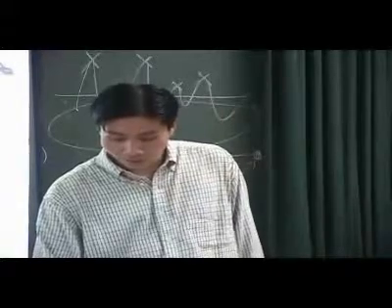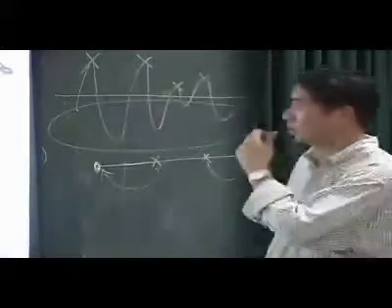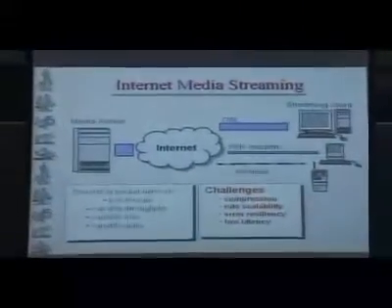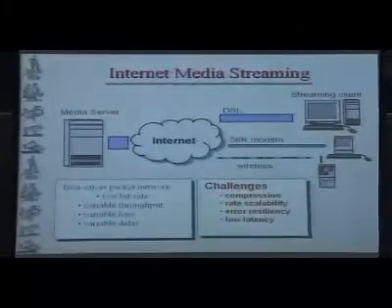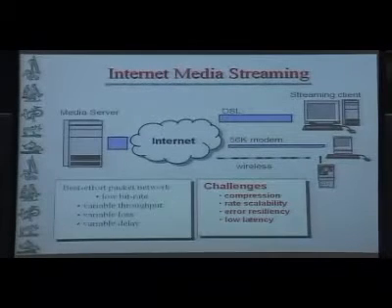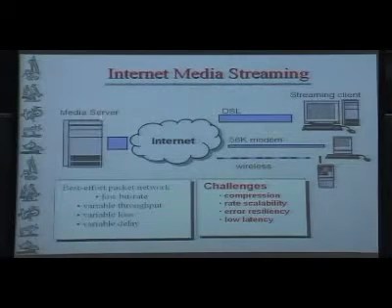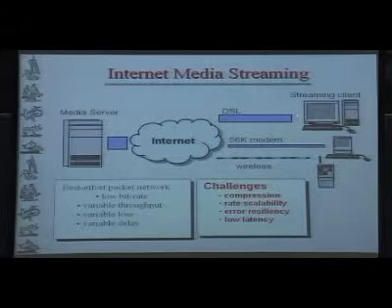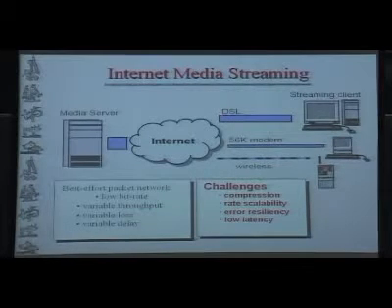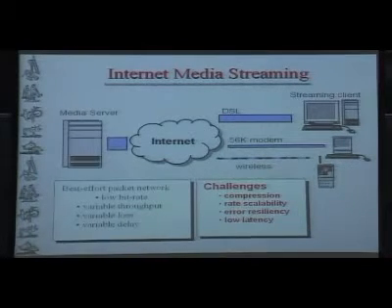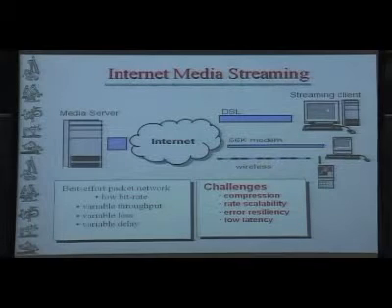So this is the problem. We have the media server that typically goes through the internet channels. There are many people accessing this media server. They might have very high-speed ADSL lines, like your regular desktop setup.